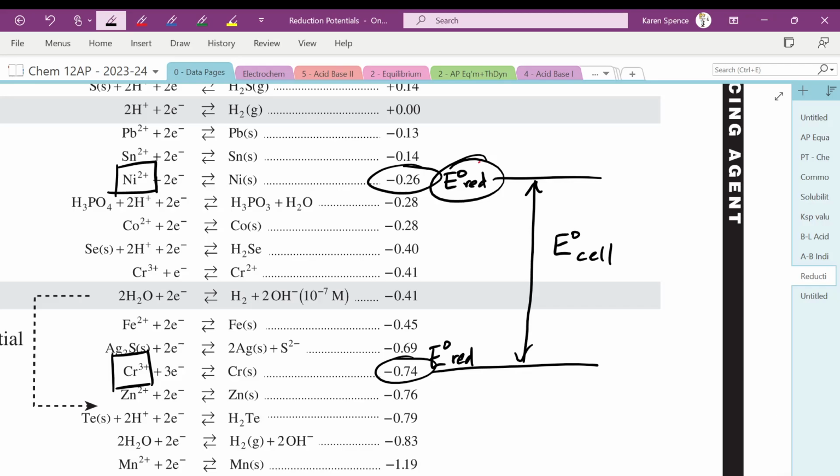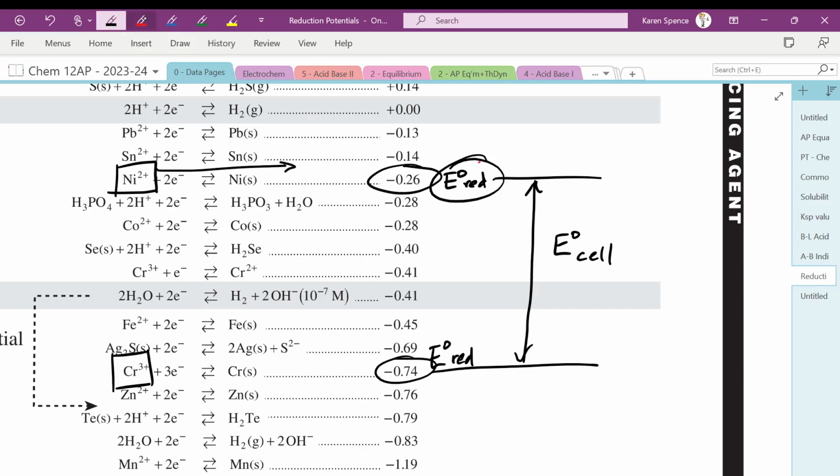Less negative. So nickel is going to get reduced. Okay? So in fact, anytime you have an electrochemical cell, whichever half reaction is on the top is going to be the cathode. Yes, it'll be the reduction, so it goes forward.